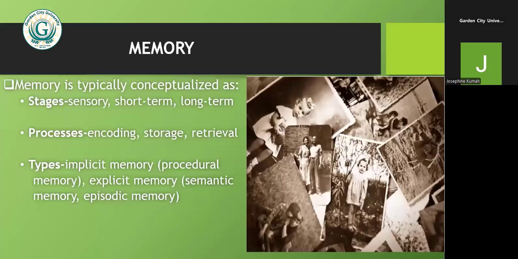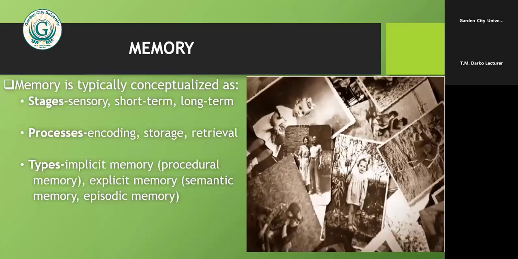Good. So we have sensory, short-term, and long-term. We will go deeper into them, don't worry. Then when you take the processes, we have encoding, storage, and retrieval. Then when you take the types, we have the what?